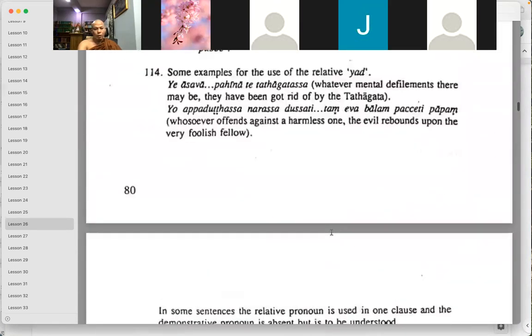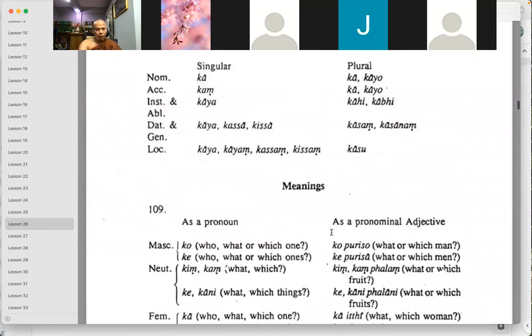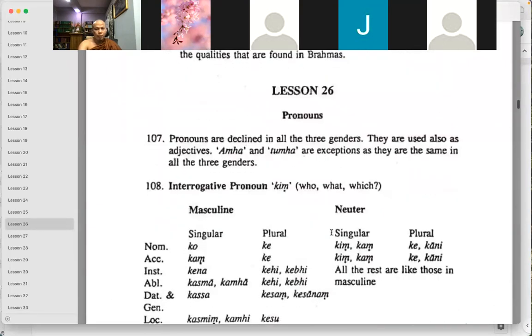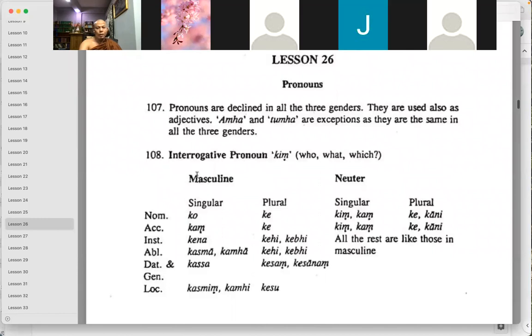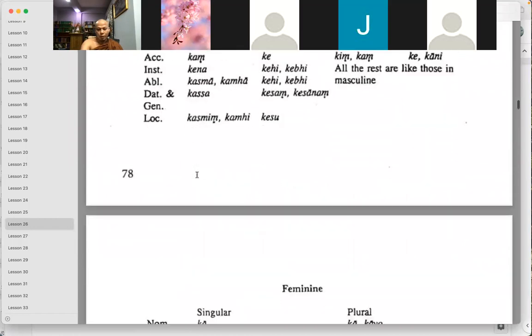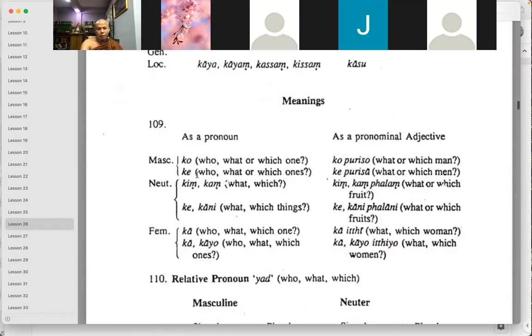So now let's go back to the first, for the meaning. Now the interrogative pronoun we already learned, so now their meaning. Ko means who. Who actually refers to a person, so we can understand the meaning who.